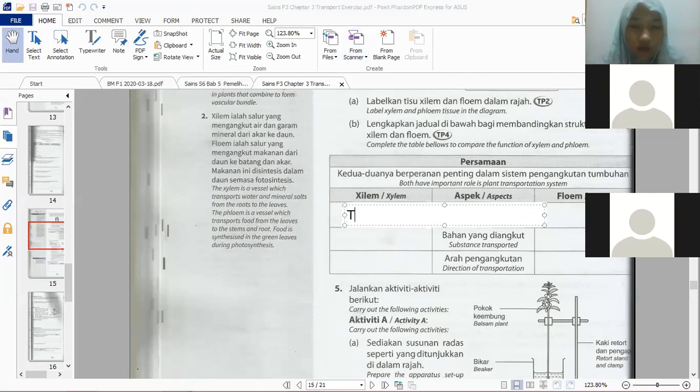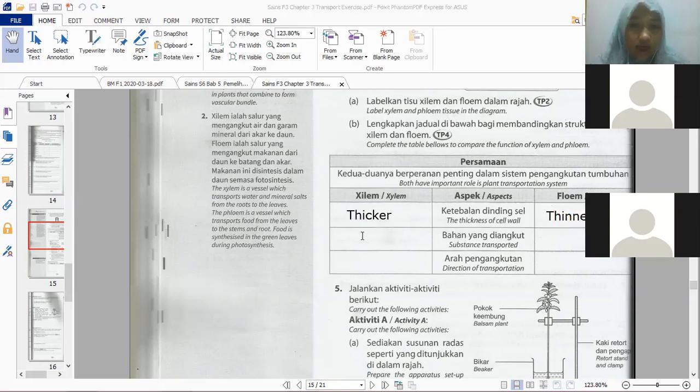So you say thicker. While for phloem, it is not against gravity, it flows with the gravity. So it does not need a thicker cell wall, it just needs a thinner one. Thinner cell wall, alright?